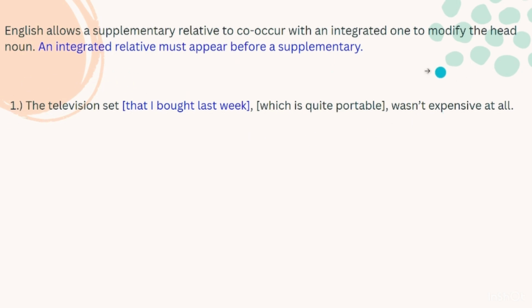For example, this is a clear example. The televisions that I bought last week, which are quite portable, weren't expensive at all. So as you can see, the integrated one appears before the supplementary one.